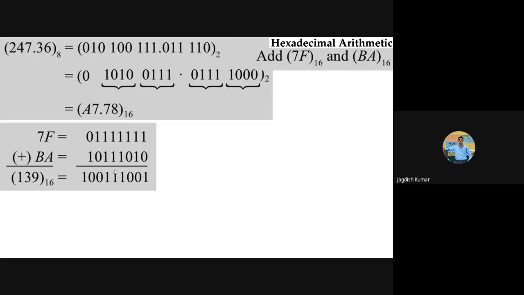Why useful? Because if you have to enter this number with the help of a simple binary keyboard, which just contains 0 and 1, it may be a confusing thing. This may not be confusing, but this will be more confusing, right?